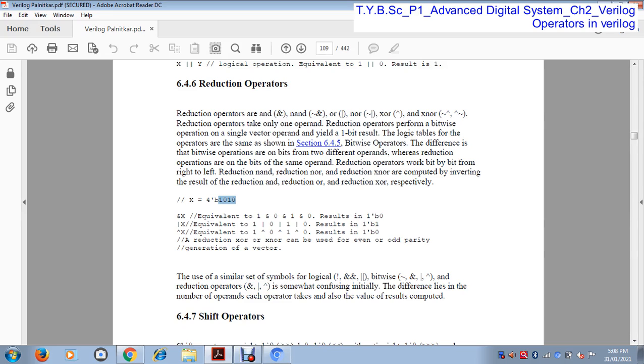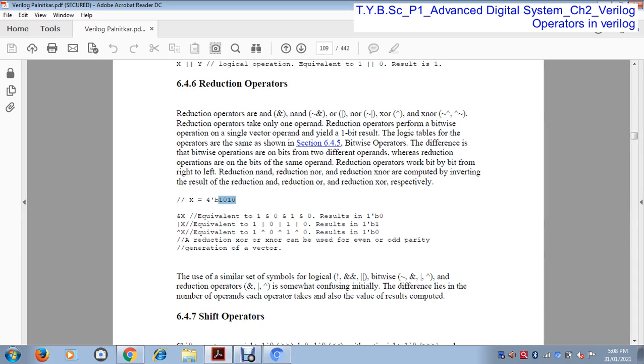We perform the and operation between the bits within the number: 1 ANDed with 0, 0 ANDed with 1, 1 ANDed with 0. 1 and 0 is 0, 0 and 1 is 0, 0 and 0 is 0, and the result is 0. So here it reduces the operand. Here the value of x is 4 bit.